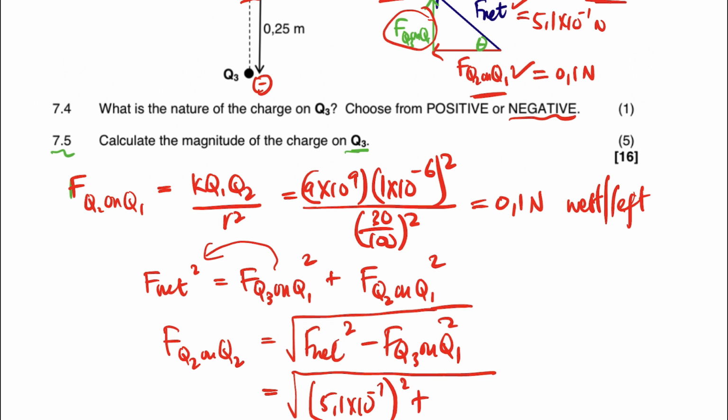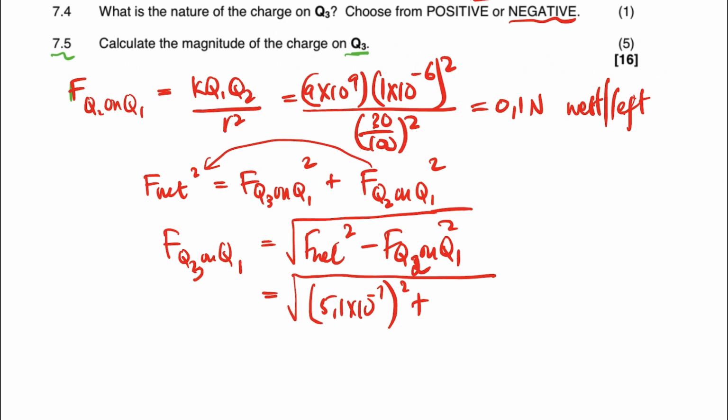That's not what I'm looking for. Guys, this is my unknown here, so I'll transpose this one. And then this will be Q3 on 1, and this will be Q2 on 1.